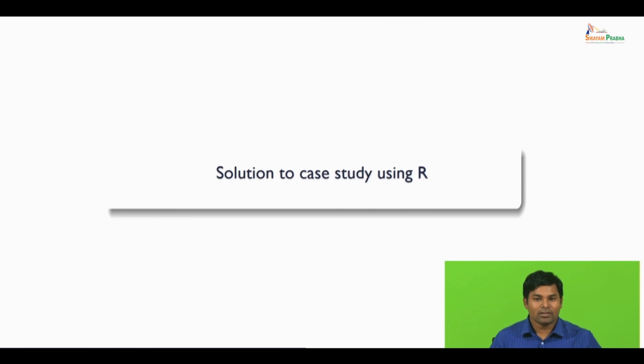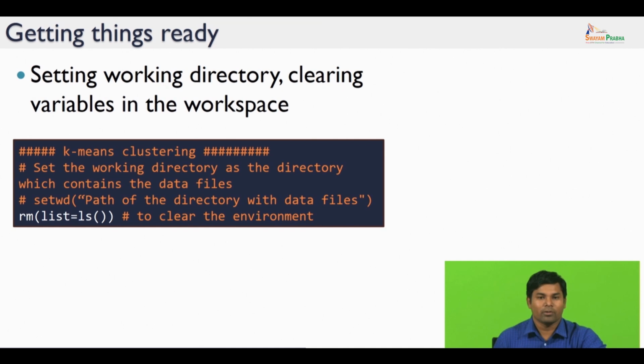So, to solve this case study, first we need to set up our RStudio workspace. You need to copy the file which we have shared with you into the working directory and clear the variables in the workspace.